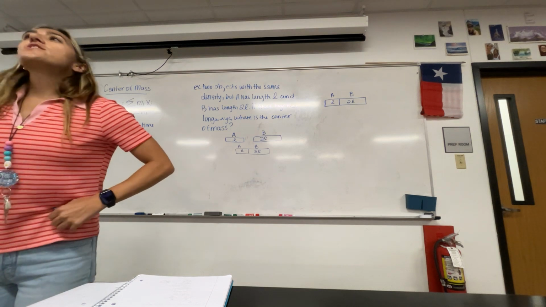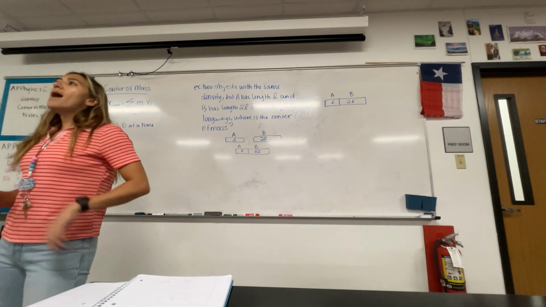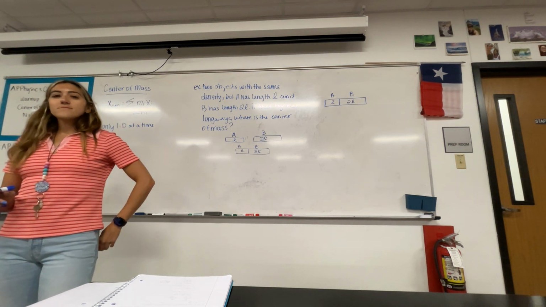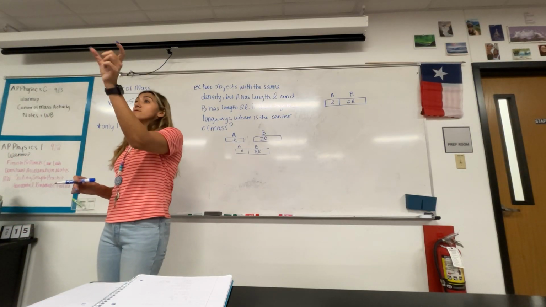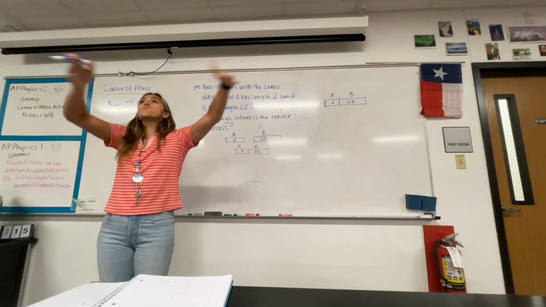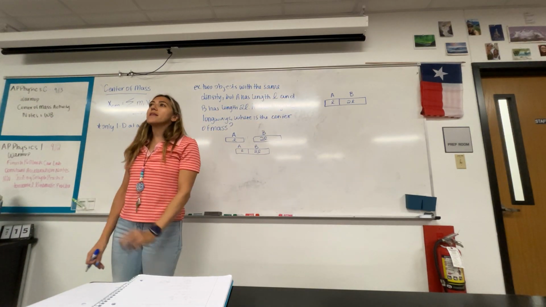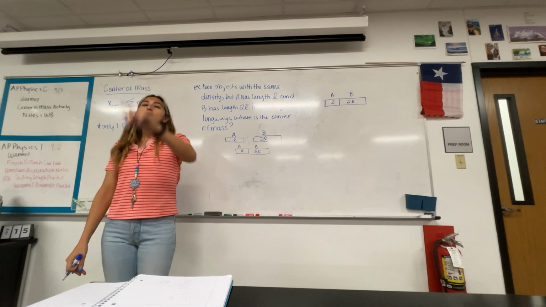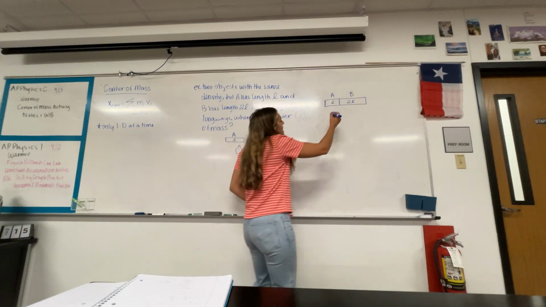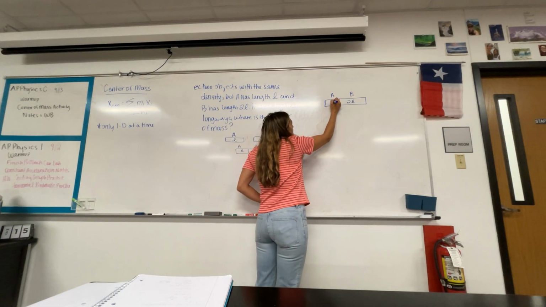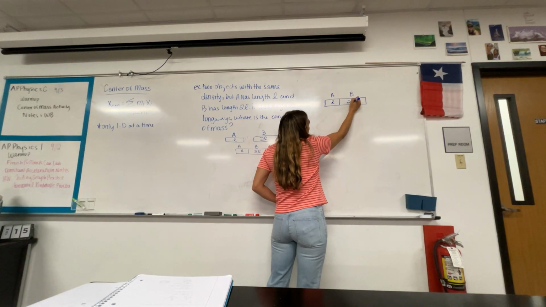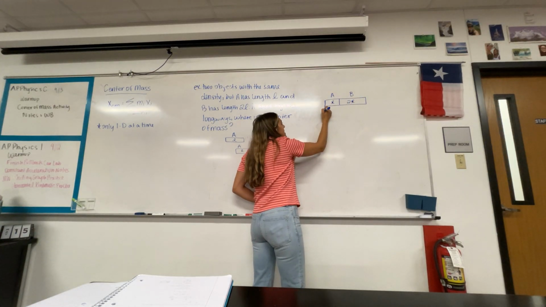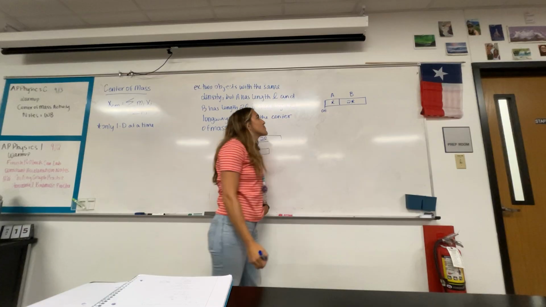Let's do this. So to answer the question, I'm going to model this example as 2 particles. I don't need to model it as one long thing that's scary. I'm going to model it as an object located at the center of mass of A and an object located at the center of mass of B. If I call this 0 meters, that's going to be my reference point.